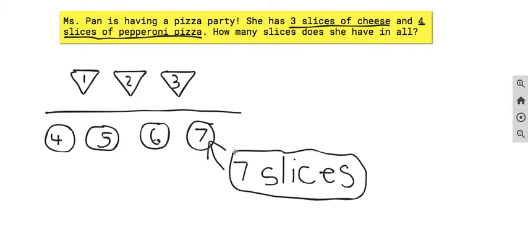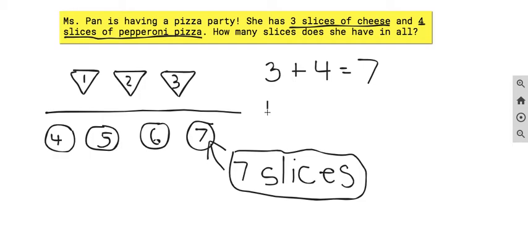Now, there were 2 equations that we found in group. One of them started with 3 slices of cheese plus 4 slices of pepperoni, which equals 7. And another friend found a different equation.